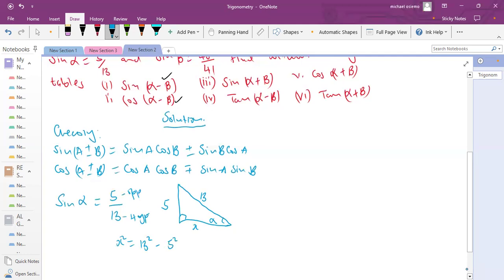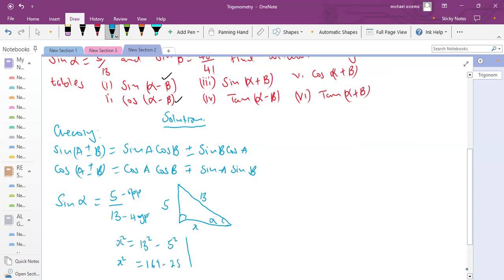So x squared will be equal to what? 13 squared, which is 169, minus 25.